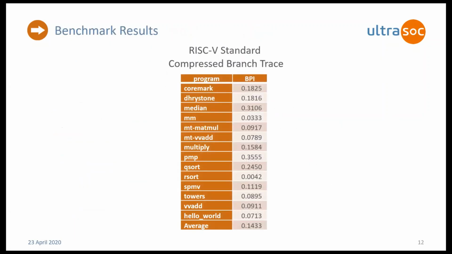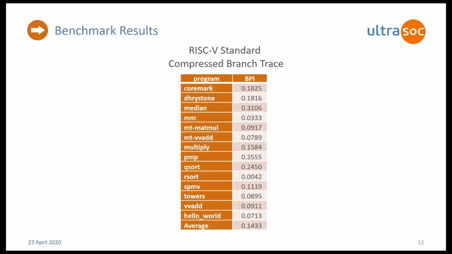Just wanted to share a few benchmark results that we have seen. We're running different programs, at least some of which are part of the Spike set of benchmarks, and the numbers, the BPI, the bits per instruction, show the efficiency of the trace encoding algorithm.